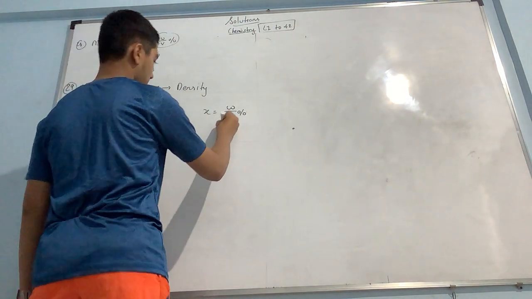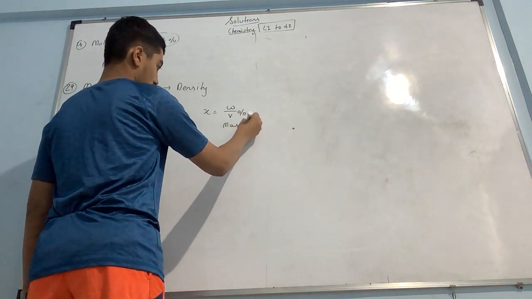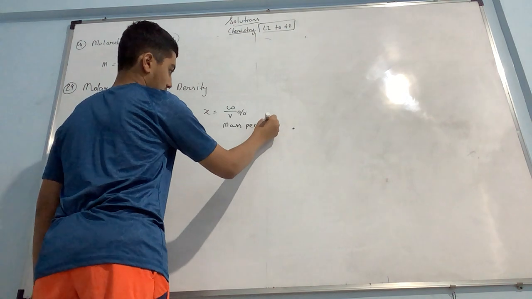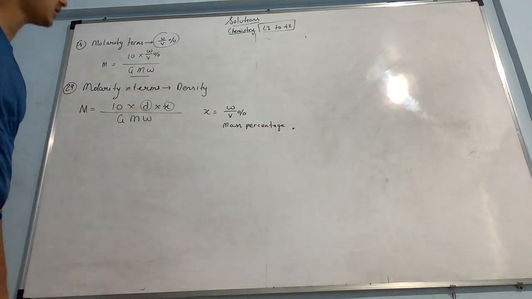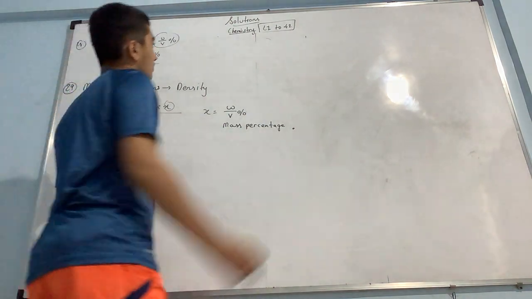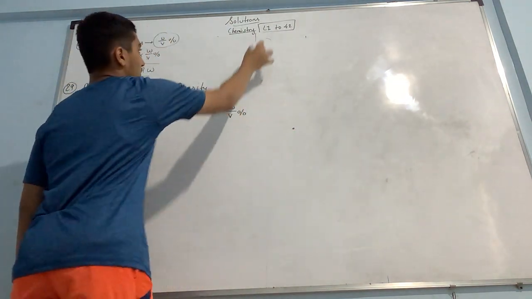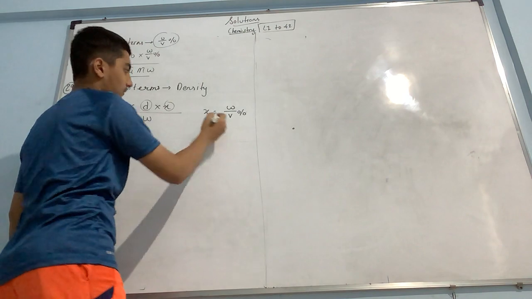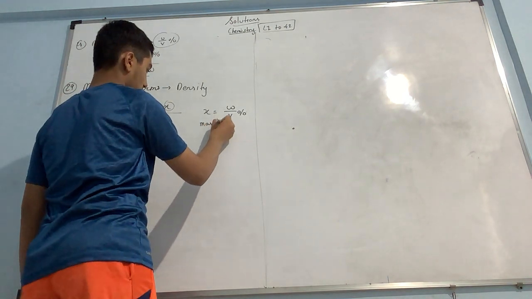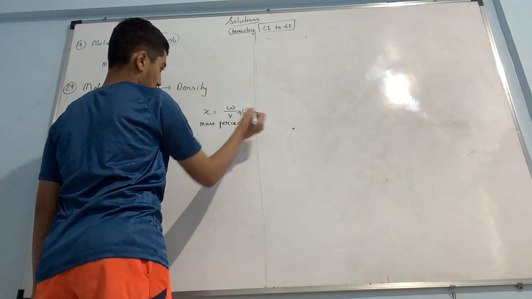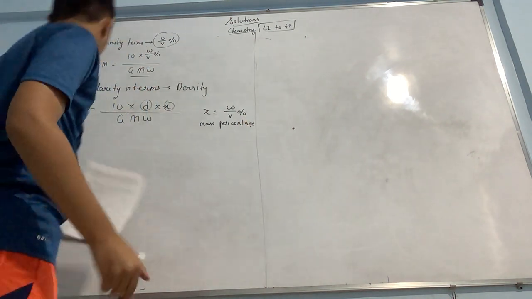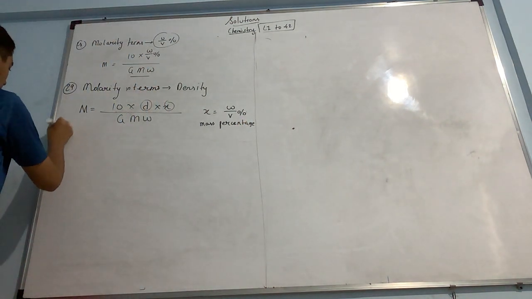It is the mass percentage. X is the mass percentage. Okay? I will write here: mass percentage. Okay, good.